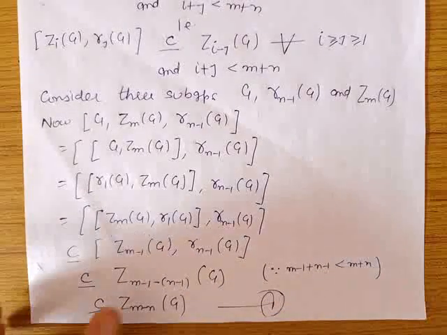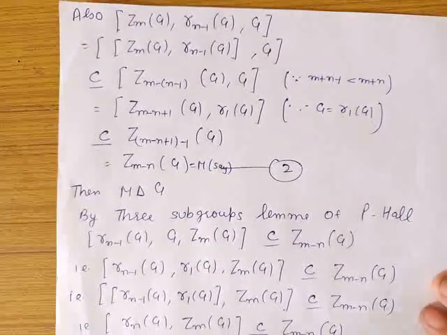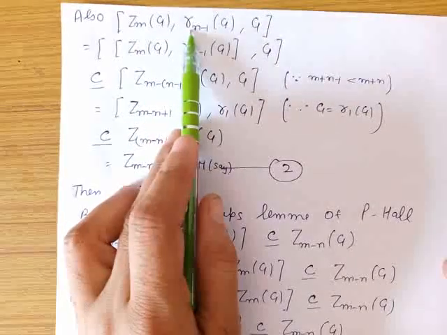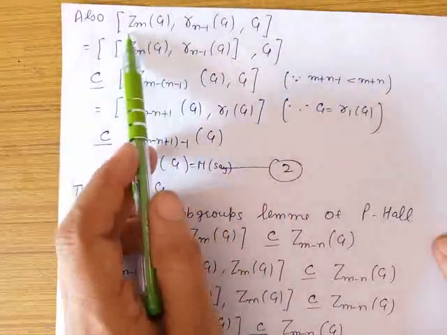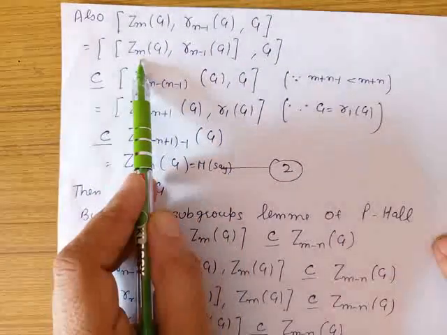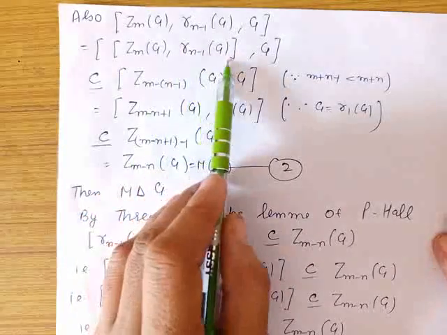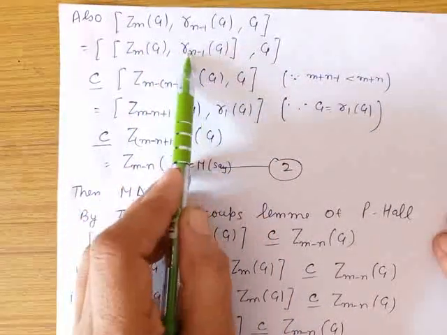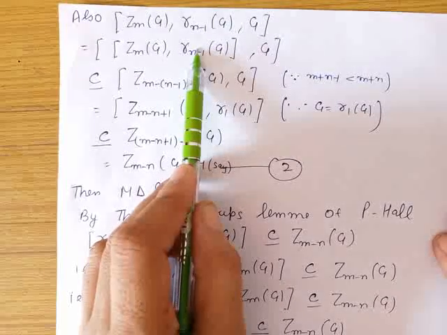Now let us again consider the commutator of the three subgroups of G. First one ZmG, second gamma n minus 1 G, and third the group G. Now again this can be written as the commutator of ZmG with gamma n minus 1 G, and then its further commutator with group G. Now, the sum of these two suffixes is less than m plus n, so we can use induction step.